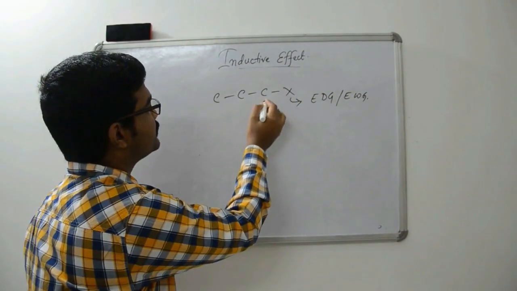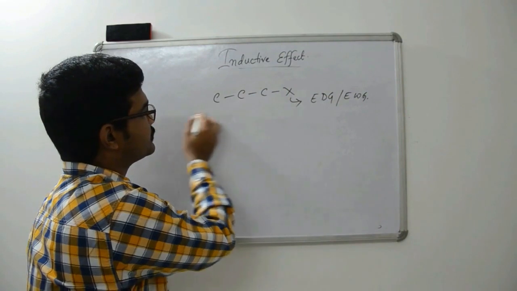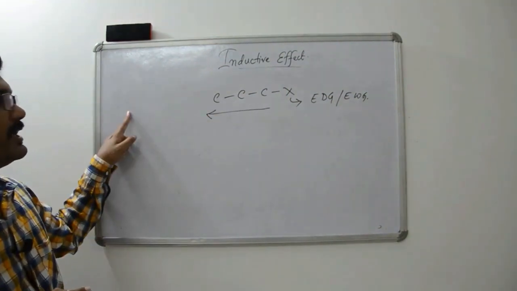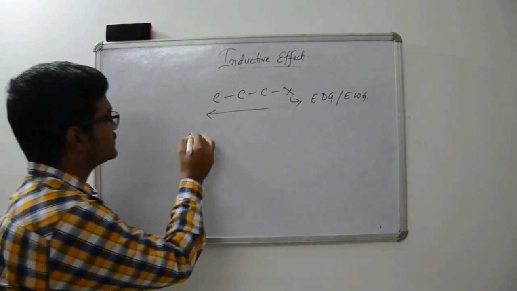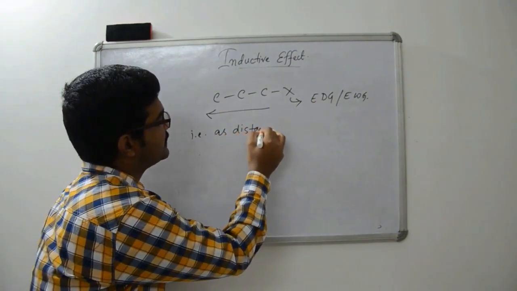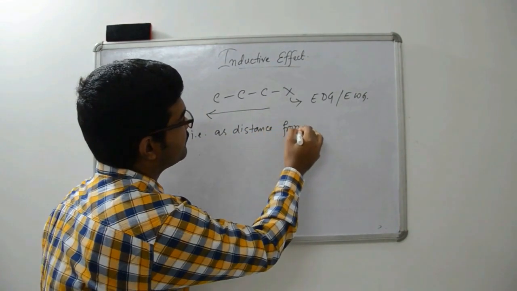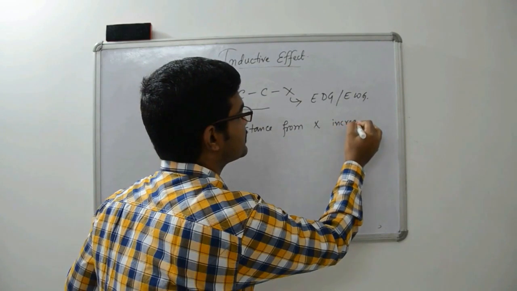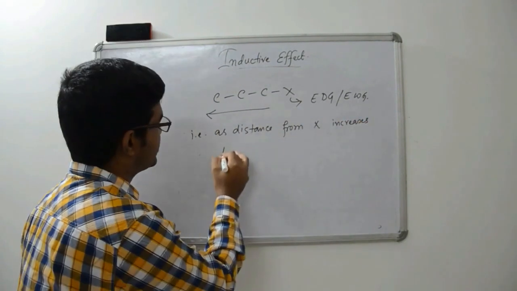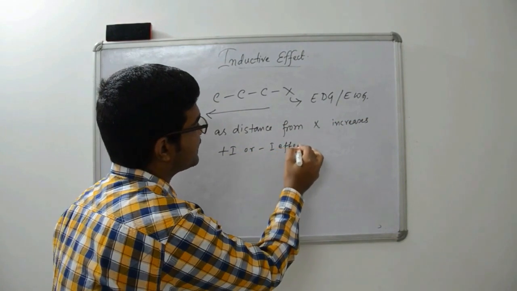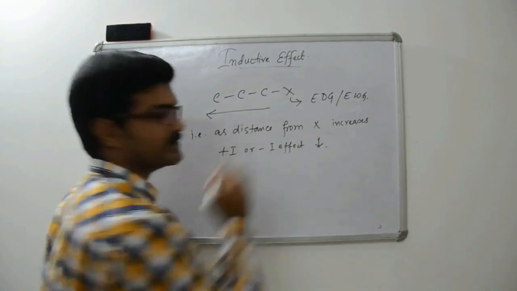Now, as we move further towards the longer end of the carbon chain, as distance from X increases, plus I or minus I effect decreases.